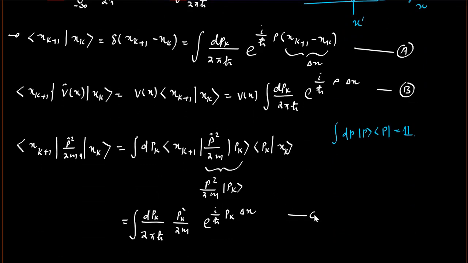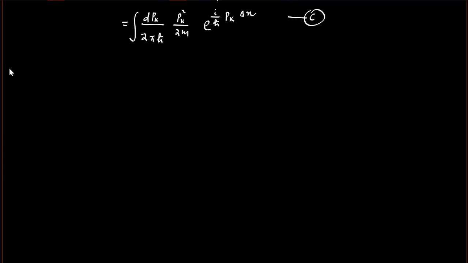Now we have this term and this term. So I can finally calculate our actual term, that is <x_{k+1}| 1 minus i by h cross Hamiltonian delta t |x_k>.